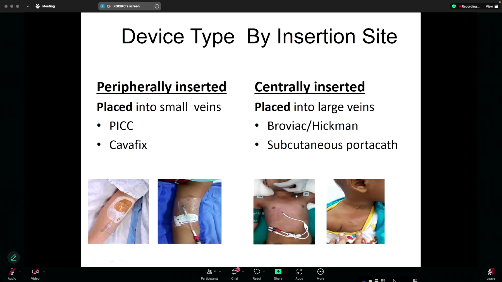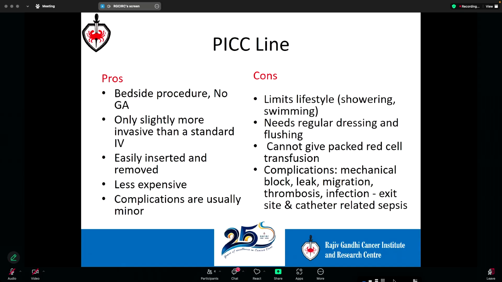So how do we choose which kind of catheter to use? I'll briefly tell you about each type of catheter for those who may not be used to them. With the PICC line, the biggest advantage is that it's just a little bit more invasive than a peripheral cannula. It's just like a Cavafix that we put in the arm. If we put it under ultrasound guidance, then even if the veins are not visible, we are able to do it.